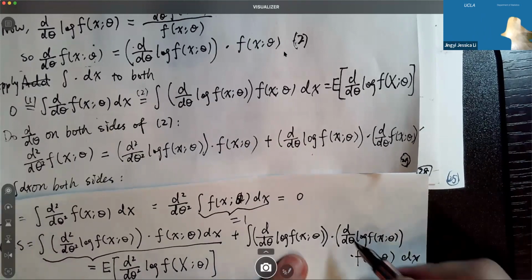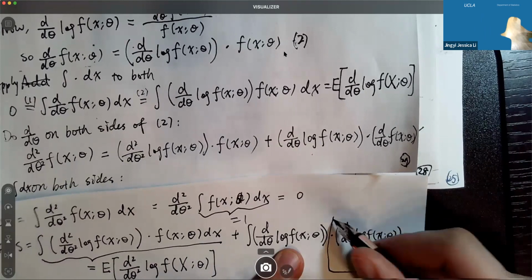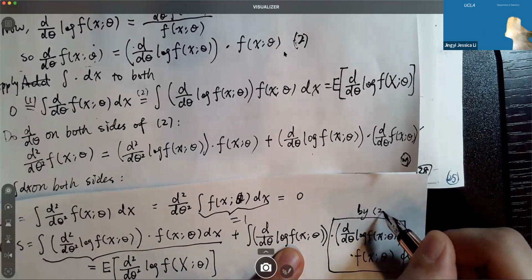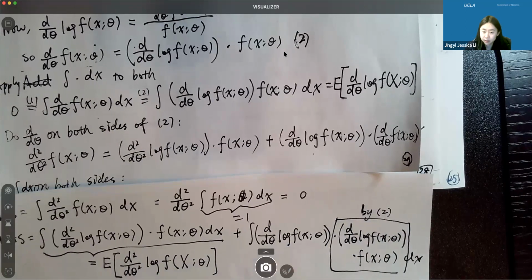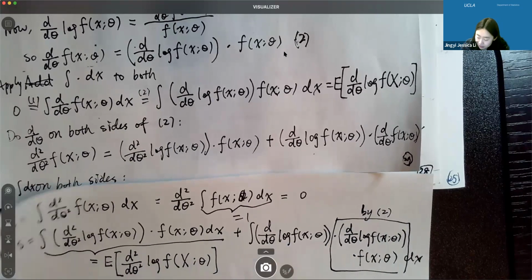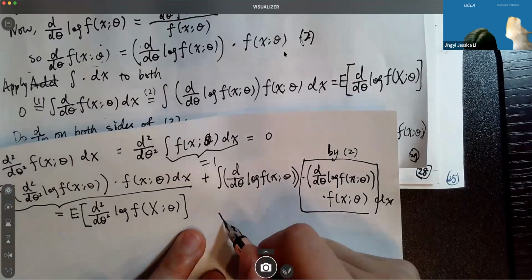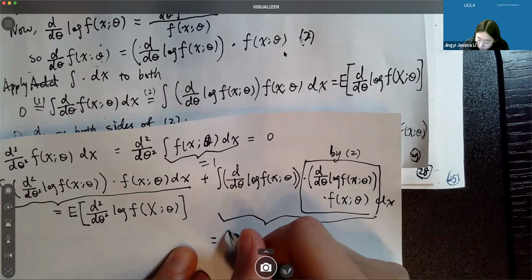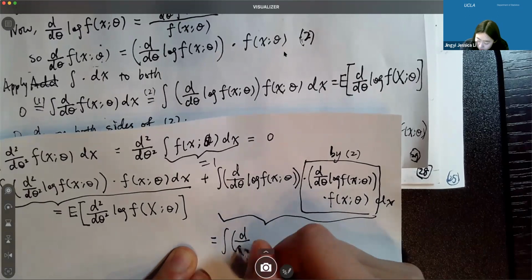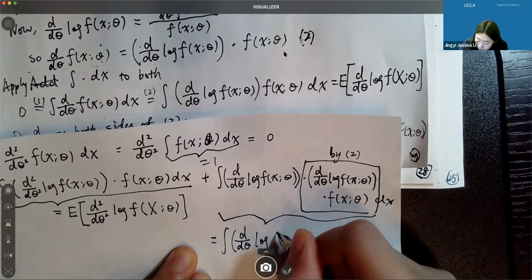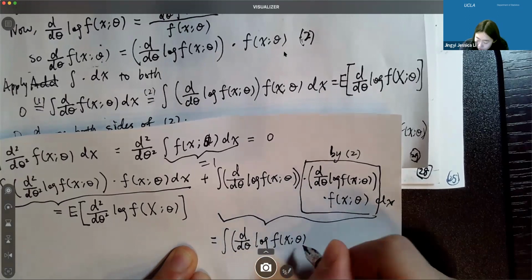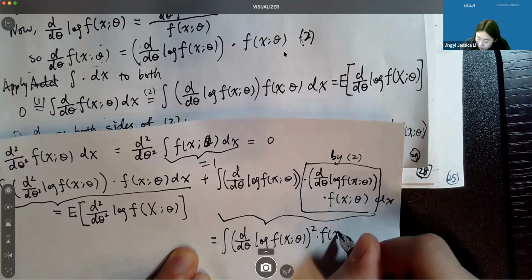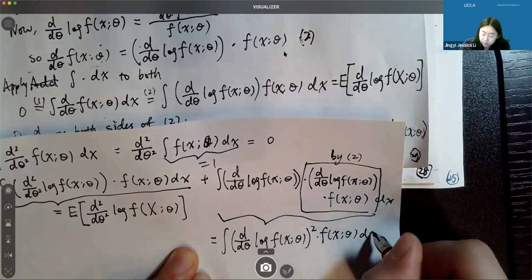This whole thing is by the result of number 2, so I do the replacement. Then the second term is d theta log f(x, theta) squared, times f(x, theta) dx.